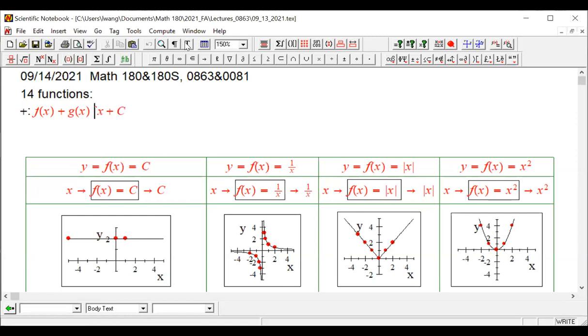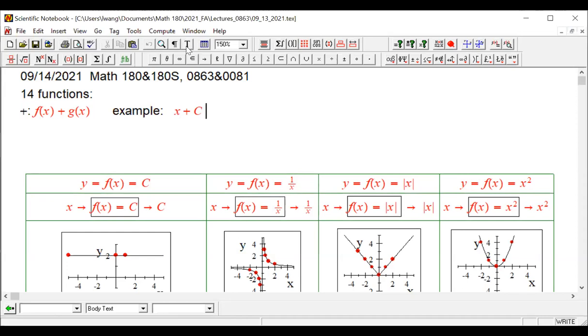You have created a new function. This new function is a special case of what? mx plus b. That's a linear function, an example of a linear function.